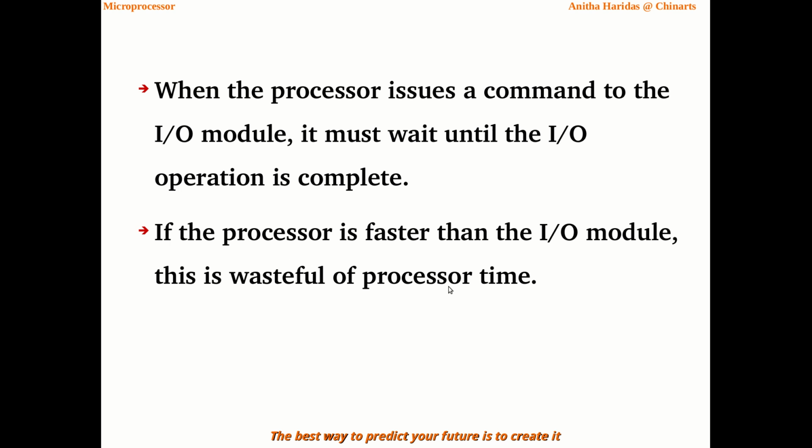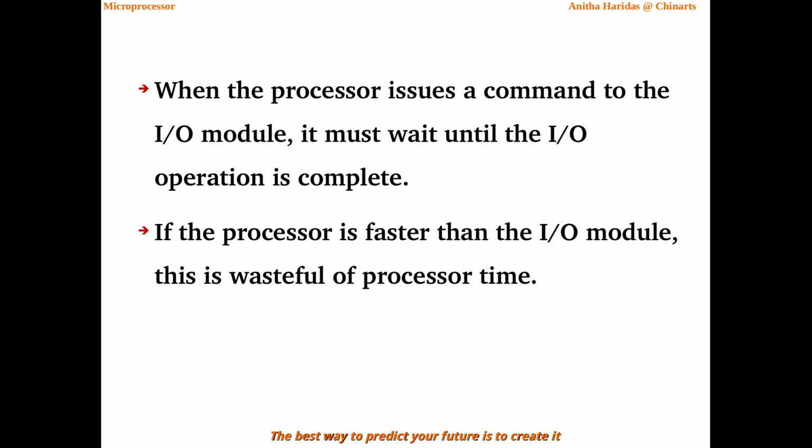So if the processor is faster than the input output module, then obviously you are going to waste lots of time. Lots of processor CPU cycles will be wasted, because compared to the speed of the input output or peripheral devices, the CPU is much faster.